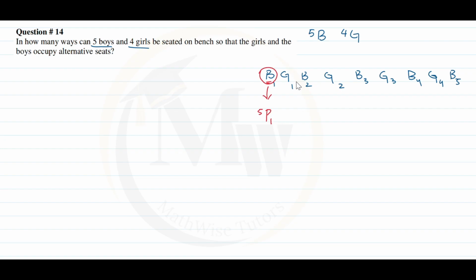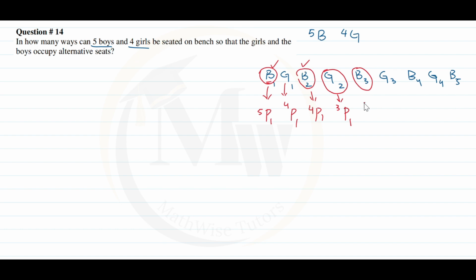The girls are total 4, so from the 4 girls we choose one. For the next, we have already chosen the first one, so the remaining boys are 4, from which we choose one, and there are remaining 3 girls, so from 3 we choose one. When choosing the third boy, we already chose the first 2, so from the remaining 3 we choose one.